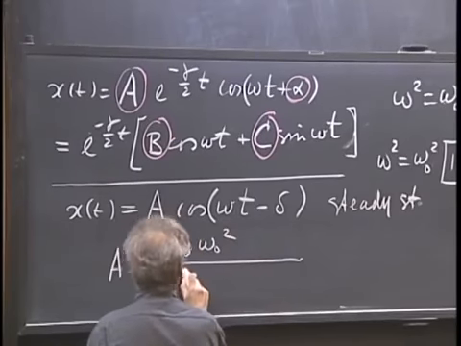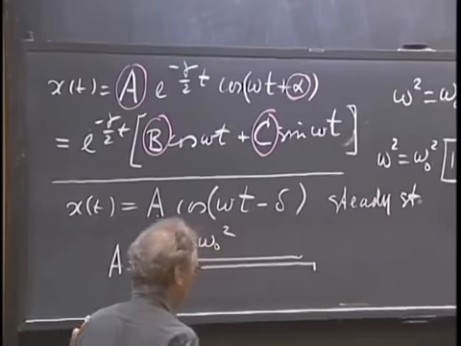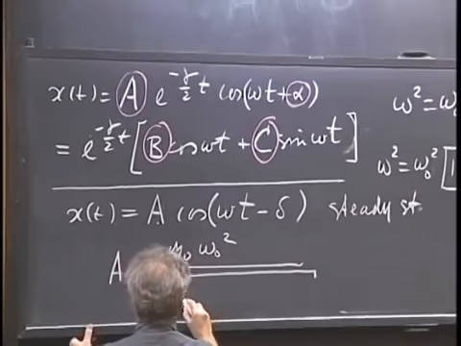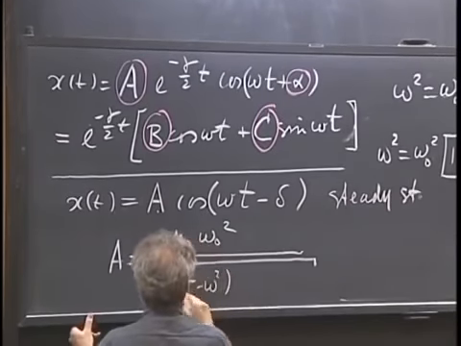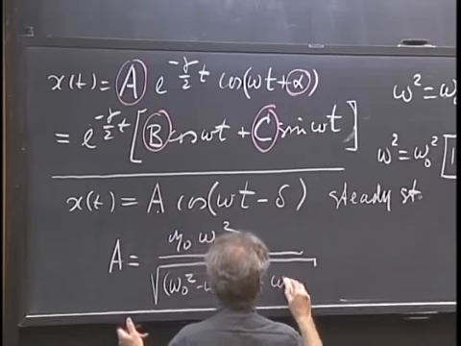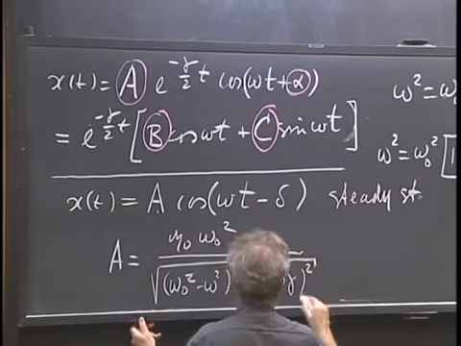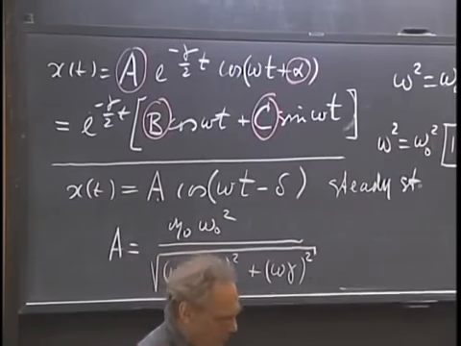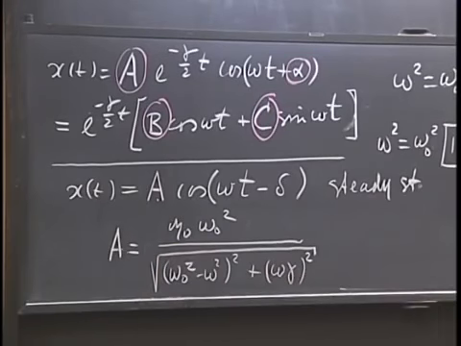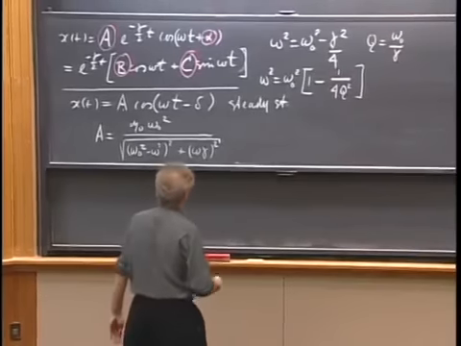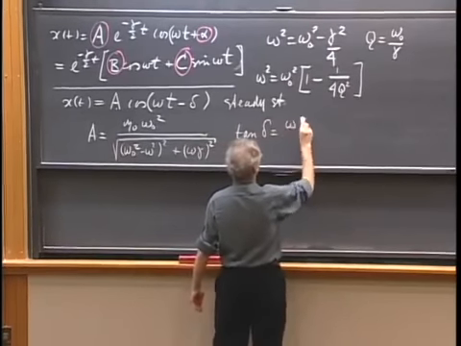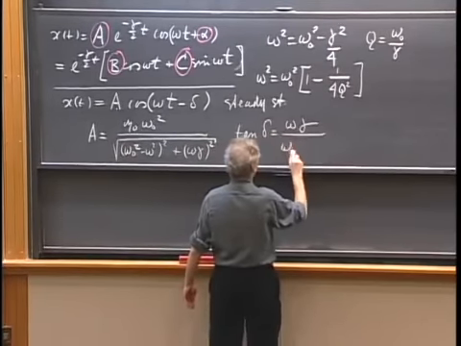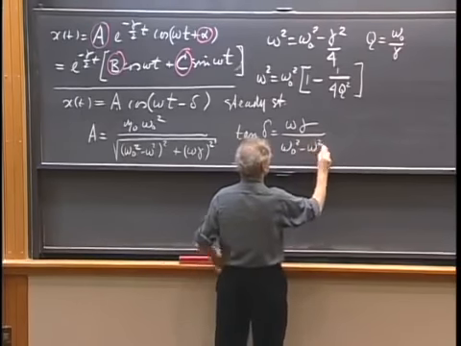And downstairs I get the square root of omega 0 squared minus omega squared, plus omega gamma squared. And that is the amplitude as a function of omega, and the tangent of delta becomes omega gamma divided by omega 0 squared minus omega squared.